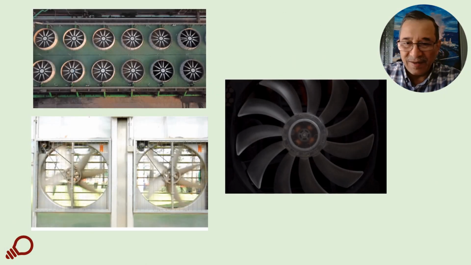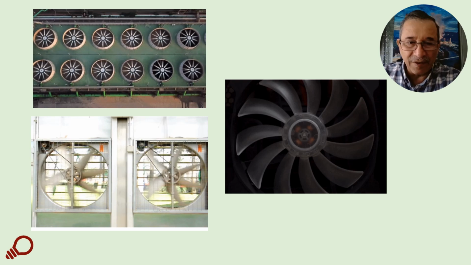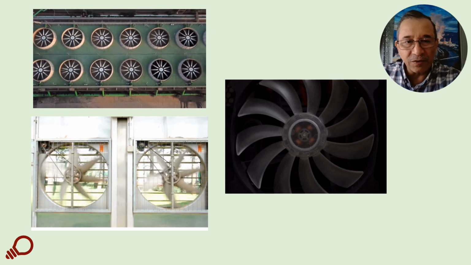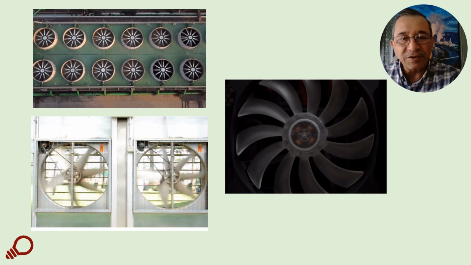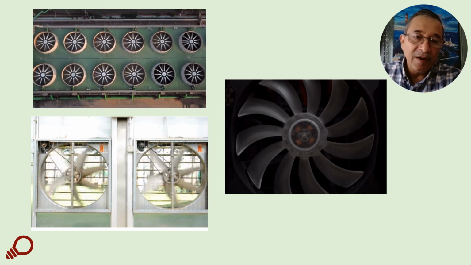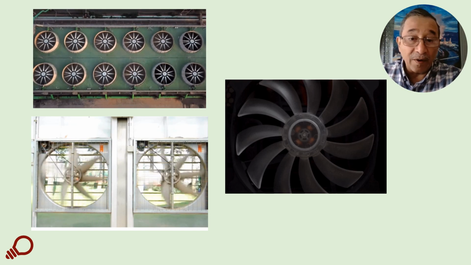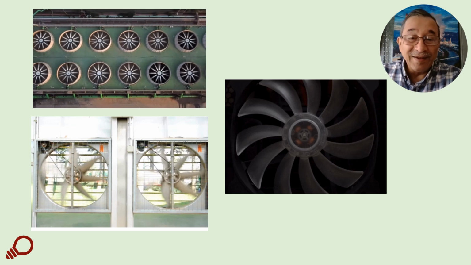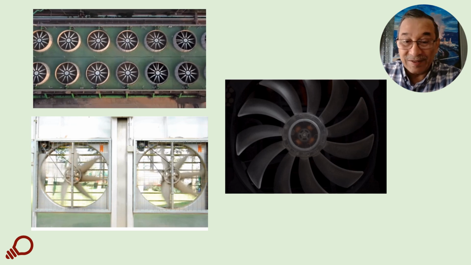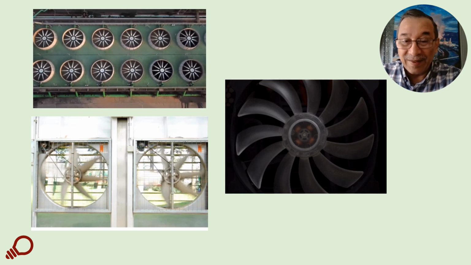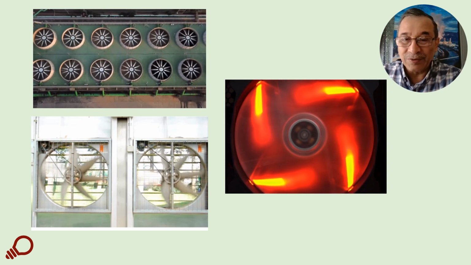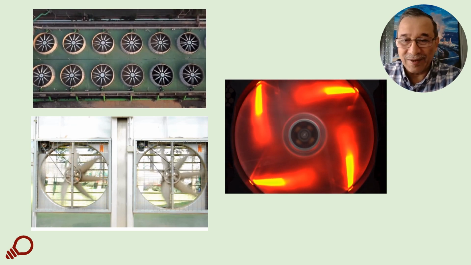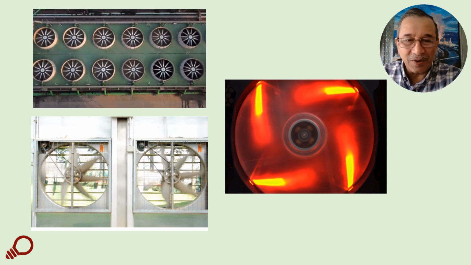In these short videos, we have applications of fans which are used in cooling towers to convey air, or the small ones, like those in computers, which are used to cool the electronic parts of the computer.